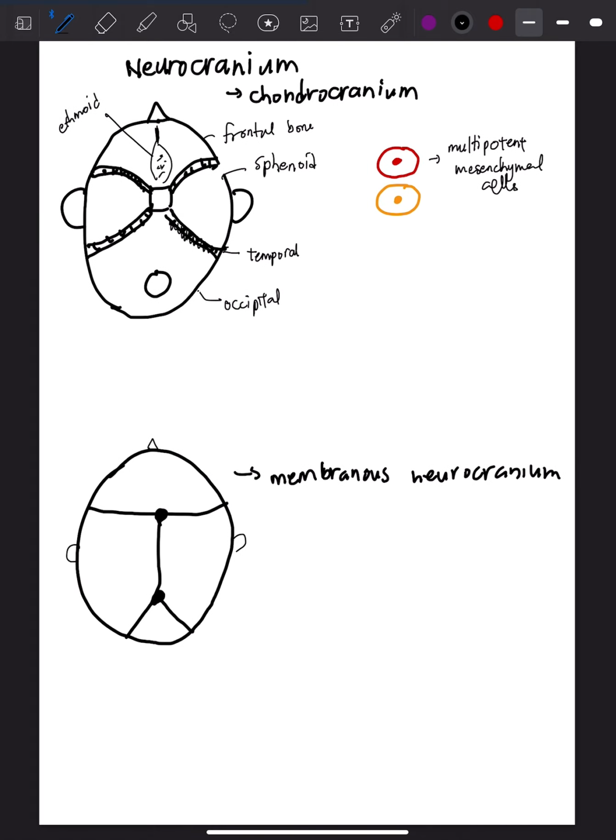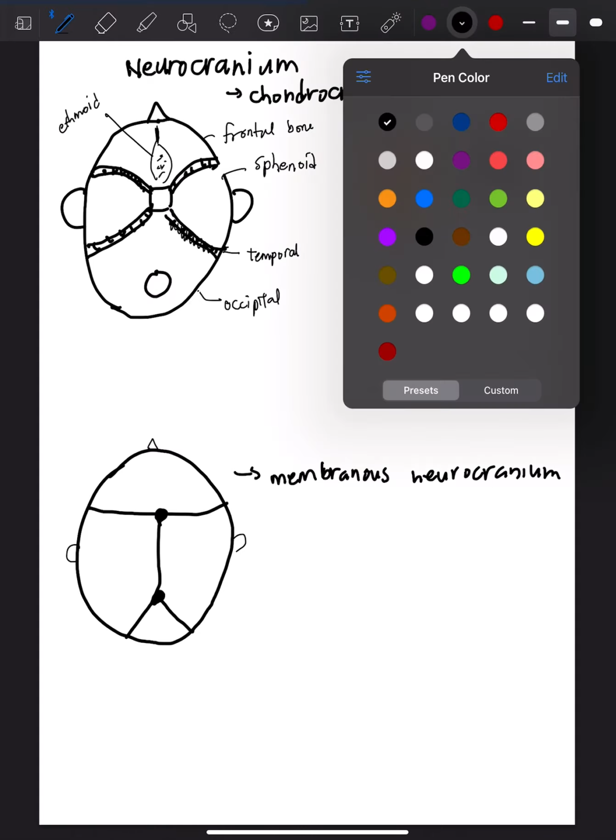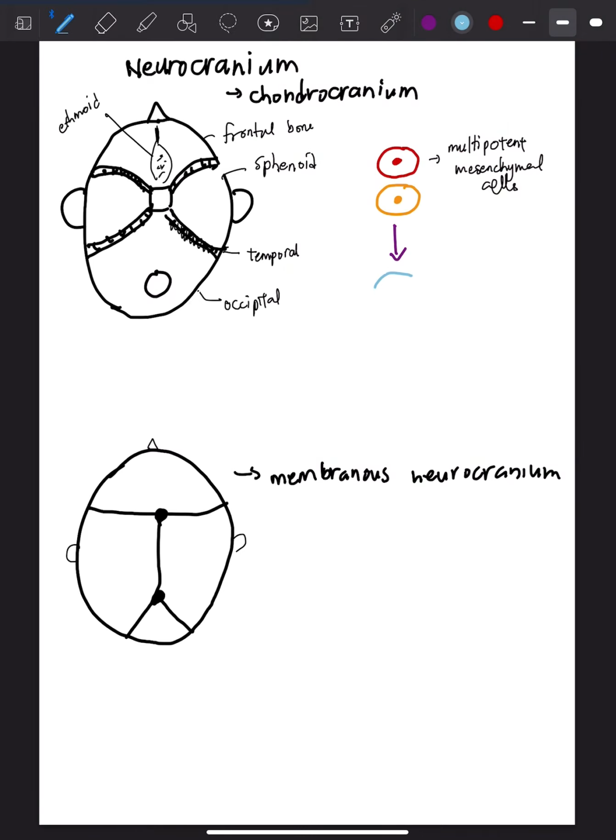Your multipotent mesenchymal cells are going to differentiate first into chondrocytes. If you remember from your general anatomy, chondrocytes are going to make cartilage. So you're going to make cartilage first, and then it will form a scaffolding of cartilage.